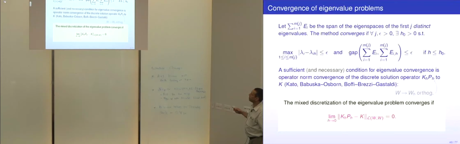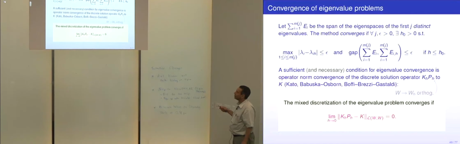And you say that the method converges if for any j, any number of eigenvalues, and any epsilon greater than 0, if the mesh is sufficiently fine, essentially if h is sufficiently small, then the maximum difference between the ith eigenvalue and the ith discrete eigenvalue for i up to this number m_j is less than epsilon.